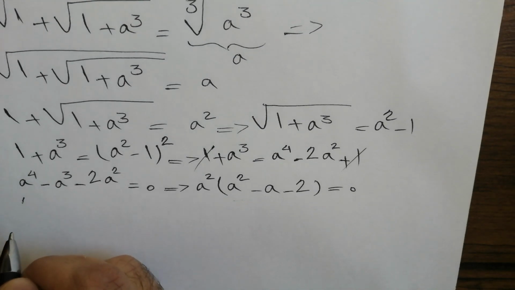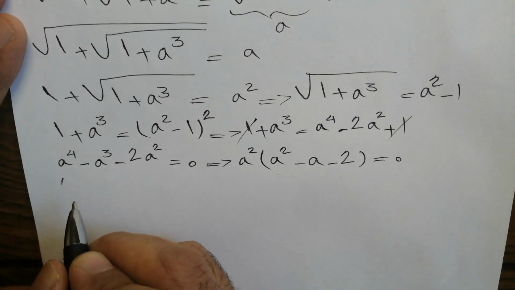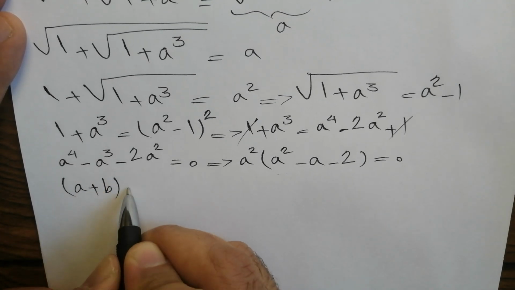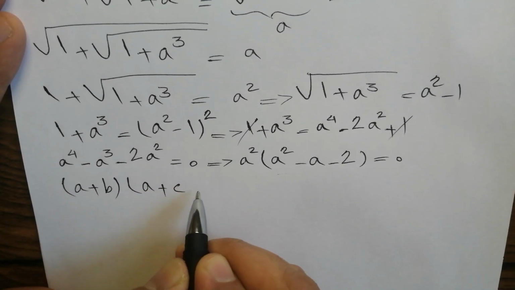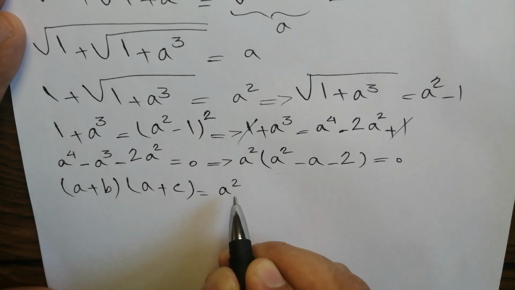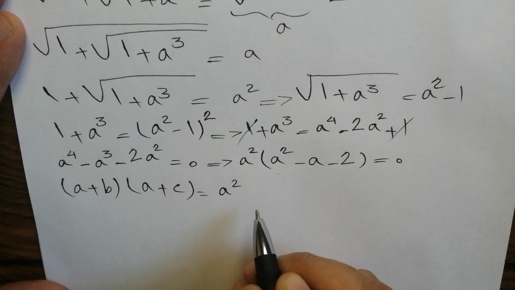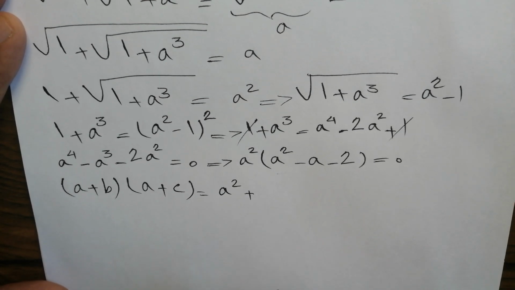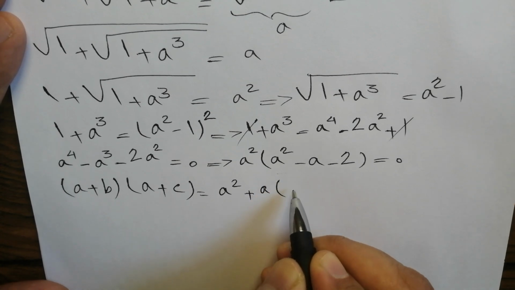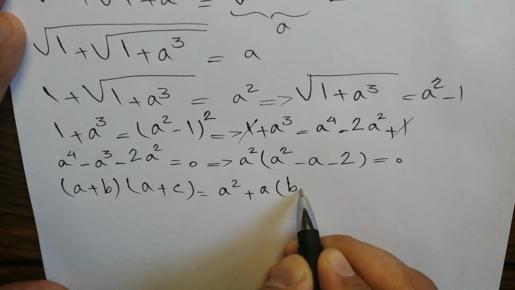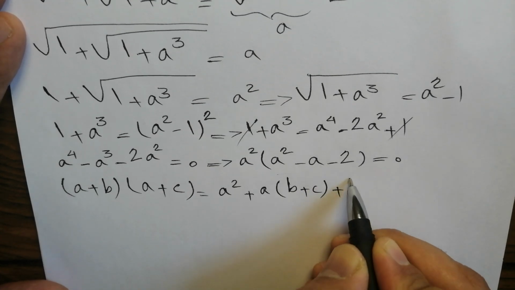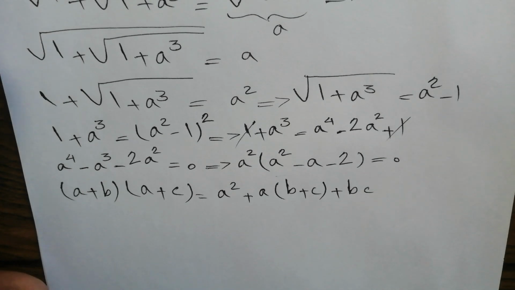So we use this beautiful identity here: (a plus b) times (a plus c) equals a squared plus a times (b plus c) plus bc.